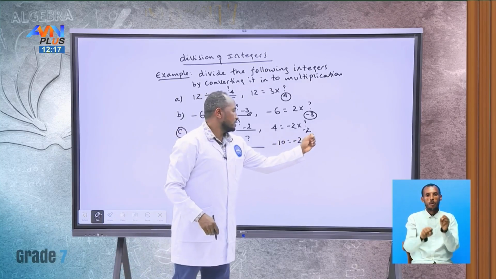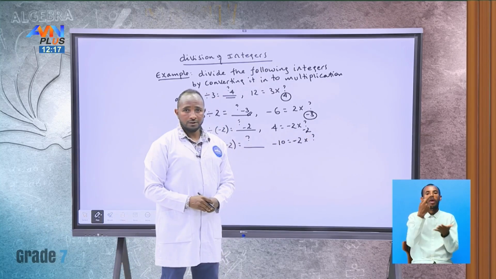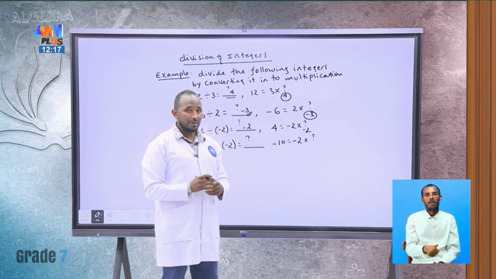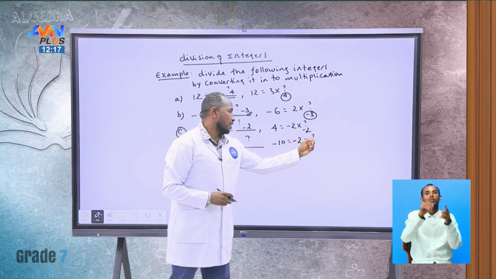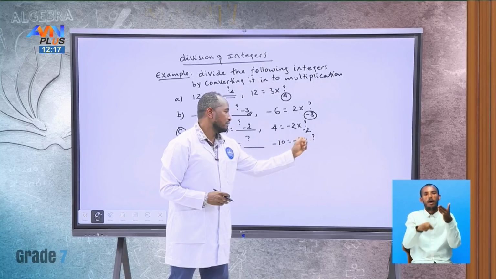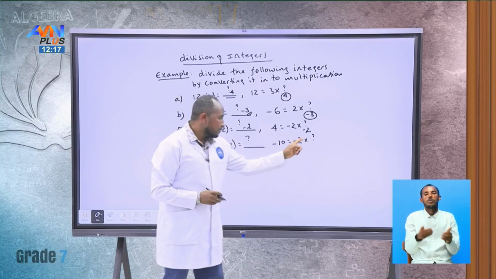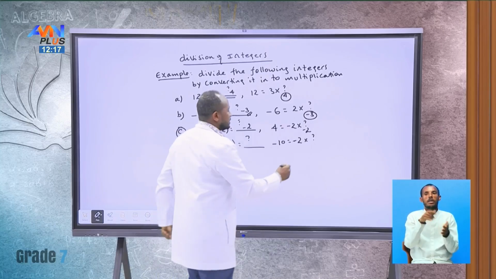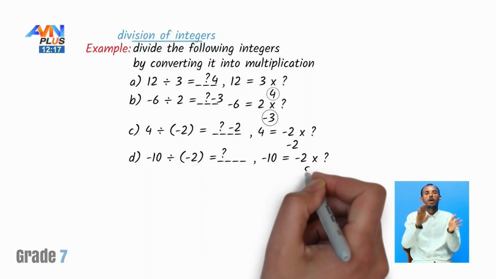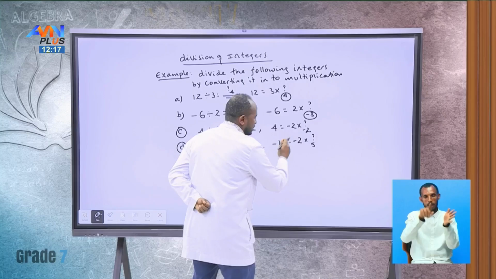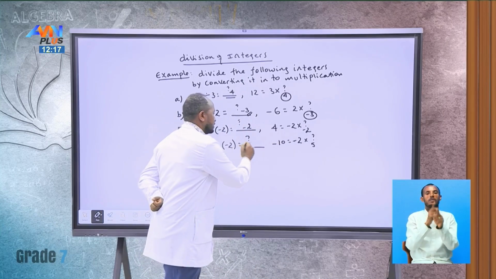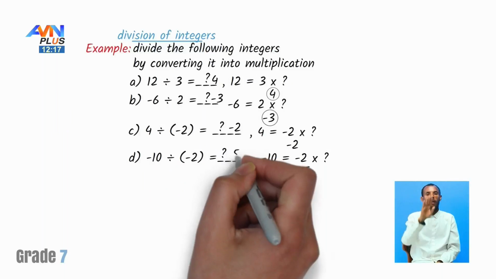What number should be here, positive or negative? To get a negative number, it must be positive, because the product of positive and negative gives you negative. Therefore, the number here must be positive 5. 5 times negative 2 gives us negative 10. Therefore, the answer will be this 5.